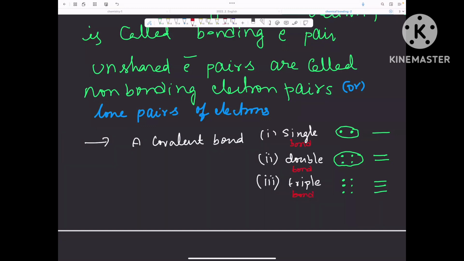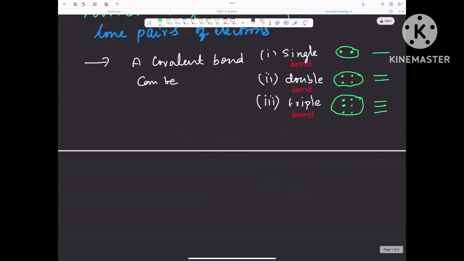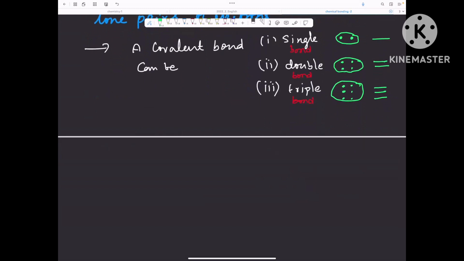So a covalent bond can be a single covalent bond, a double covalent bond, or a triple covalent bond. If it is a single covalent bond, we represent it between bonding atoms by one line, a double bond by two lines, and a triple bond by three lines. So a covalent bond can be single, double, or triple.